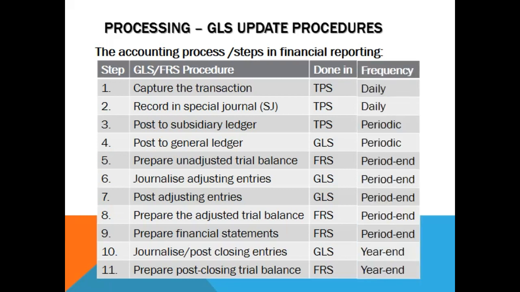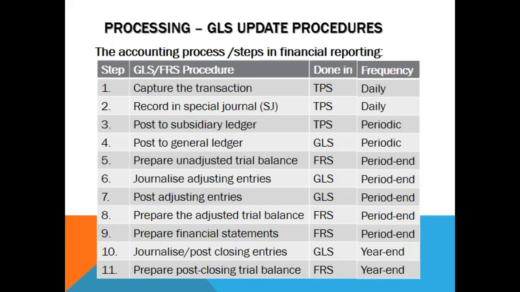For most organizations, the GLS update procedures are usually done on a batch basis. Hence, in terms of the frequency of each of the steps, except for the first two steps, which are usually done daily, the other steps are done periodically, that is, at the end of day, end of week, or end of month, depending on the volume of transactions.